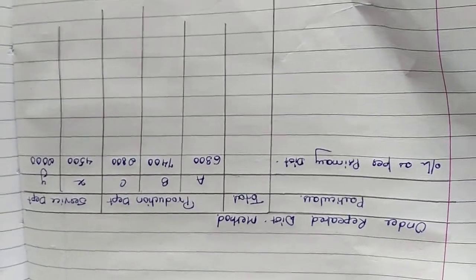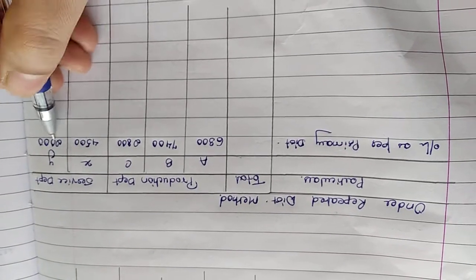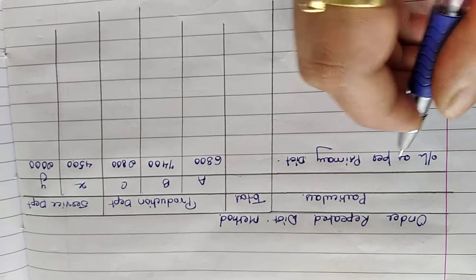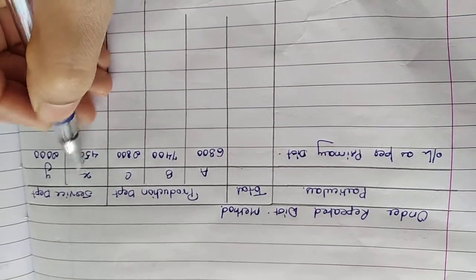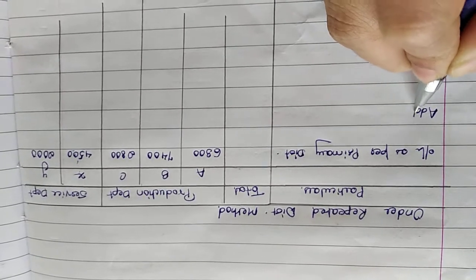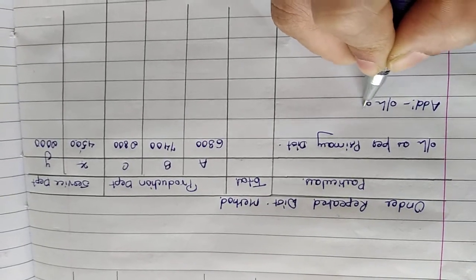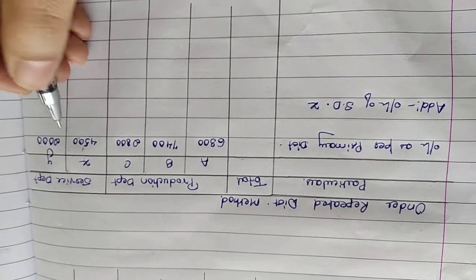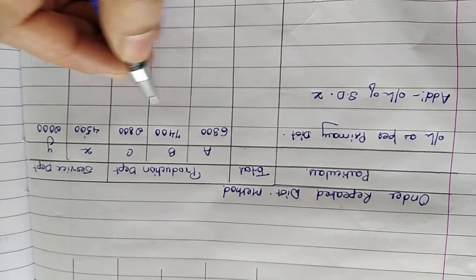Now you are supposed to apportion this cost to the production departments. Let us start first with service department X, which is our first service department. I will write here, add overheads of service department X. The overheads of service department X are 4,500.